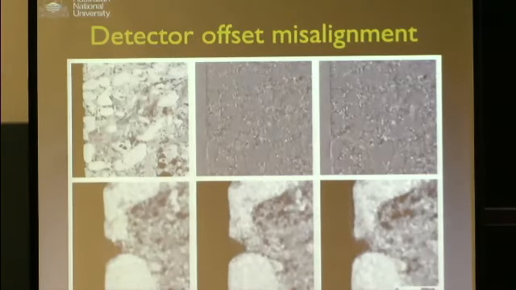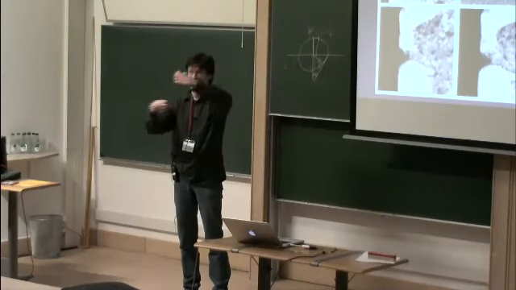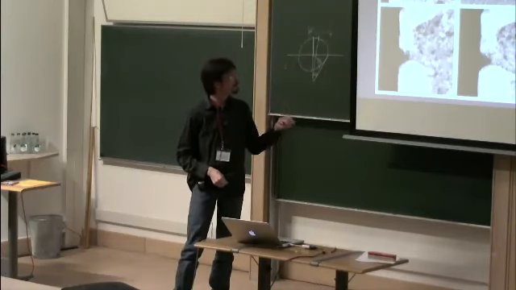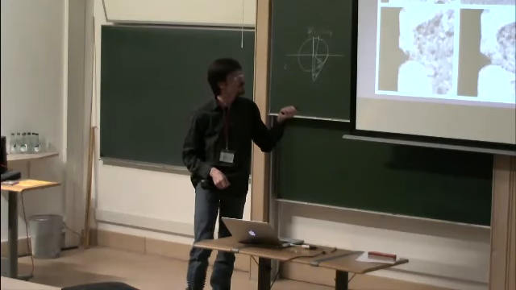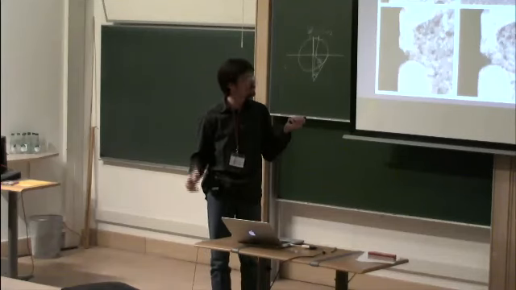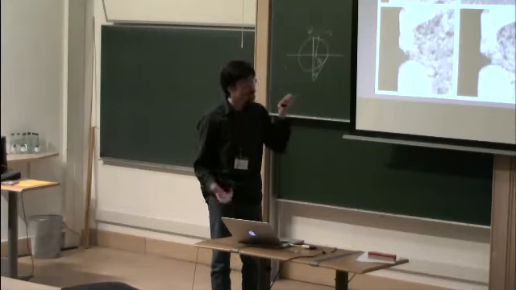If the detector is offset sideways, again aligned, 4 and 8 optimal units offset, we see there, this is quite scary actually. This is an edge that's white, this is an edge that's black. So that means we have an object that's reconstructed and it's actually sheared. But these edges look okay. So if we didn't have the right reconstruction here, we couldn't really know whether this was in fact supposed to be like that or whether it's misaligned.